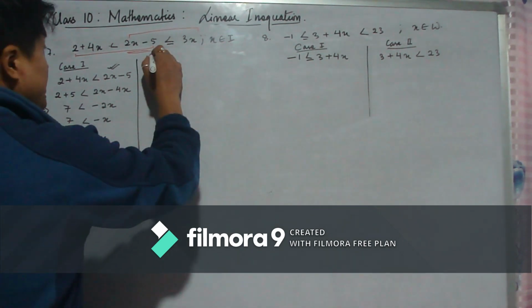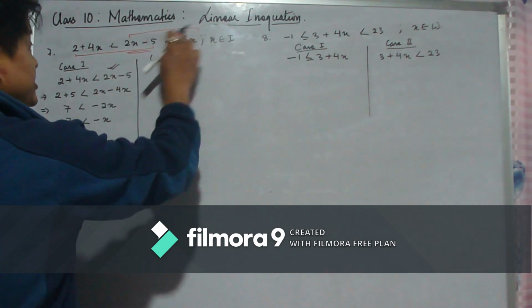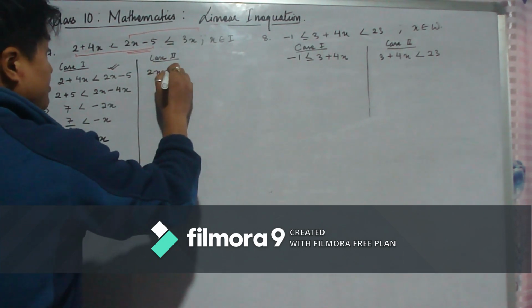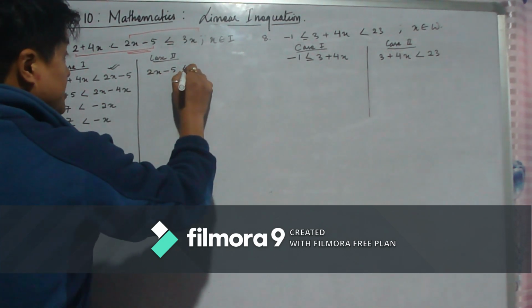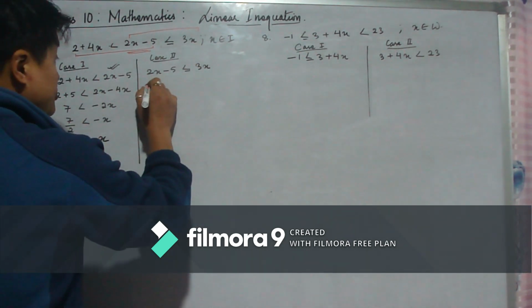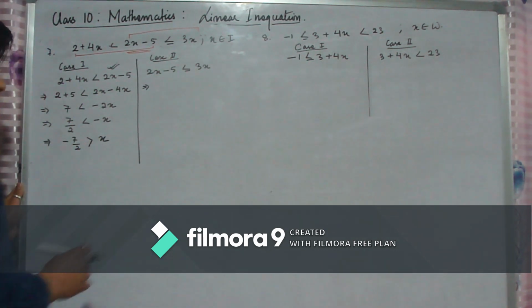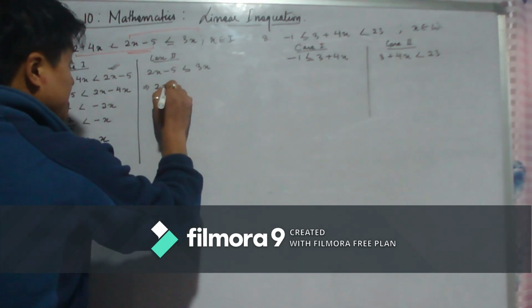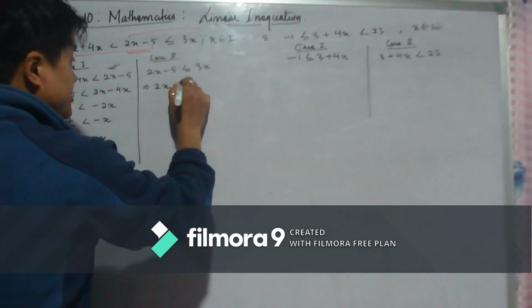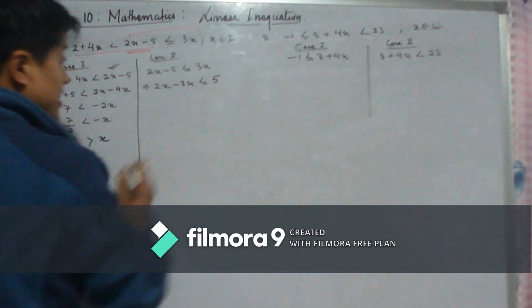And in case 2 we will copy these two: 2x minus 5 less than or equal to 3x. Here again we have to keep the x on this side, so we'll bring the x to this side. 2x minus 3x less than or equal to, minus becomes plus 5.